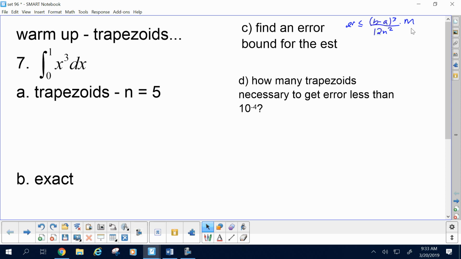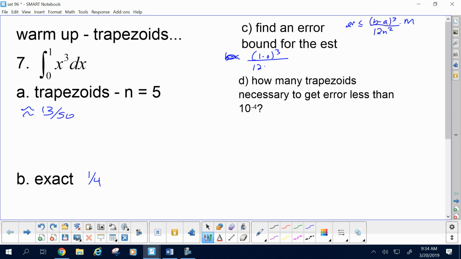It's a max concavity measure is what that stands for. Did you get an M of 6?